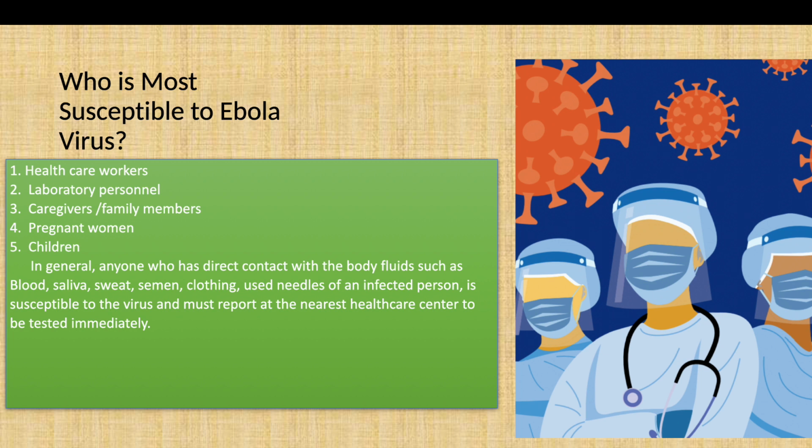In general, anyone who has direct contact with the body fluids of an infected person, such as blood, saliva, sweat, semen, clothing, or used needles of the person, is susceptible to the virus and must report himself or herself straight to a healthcare facility center to be tested.